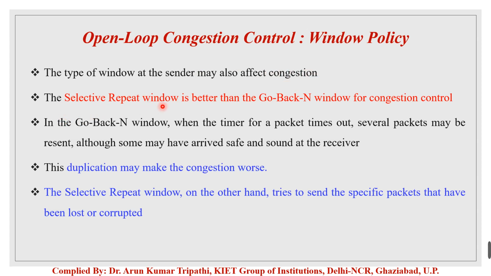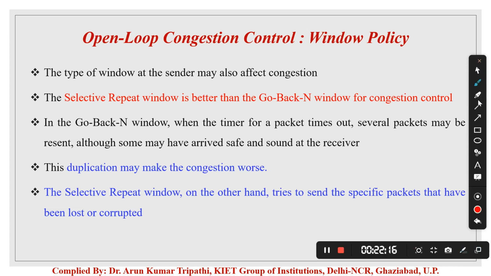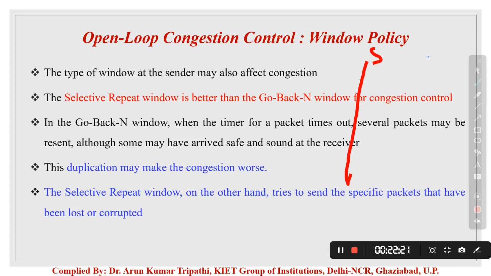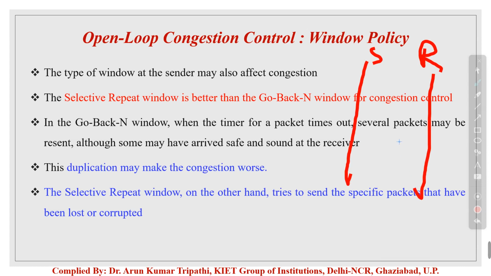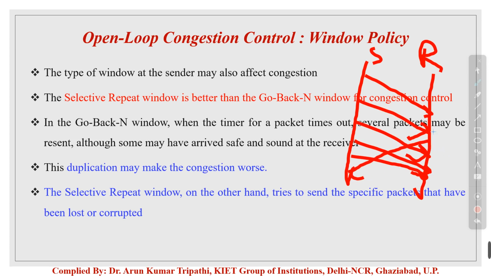Selective repeat is much better than go back N ARQ for congestion control. In go back N ARQ, suppose the sender sends packets continuously one by one, say 5 packets: 1, 2, 3, 4 and 5, and it gets the negative acknowledgement of packet number 2.